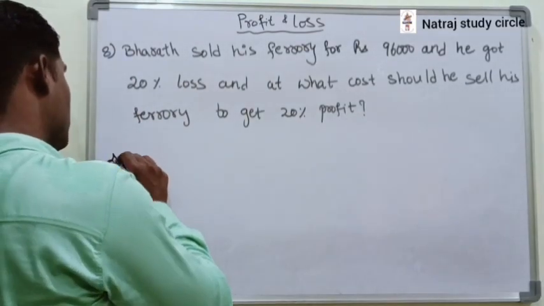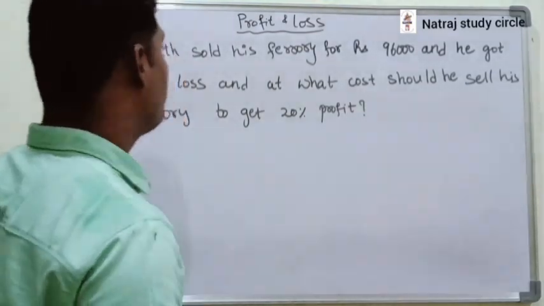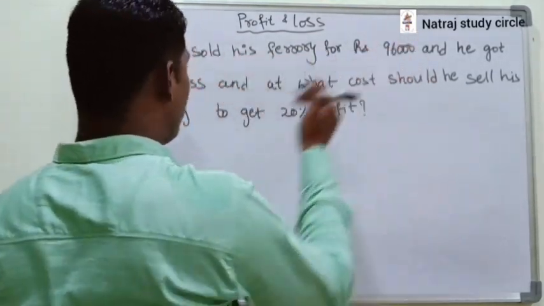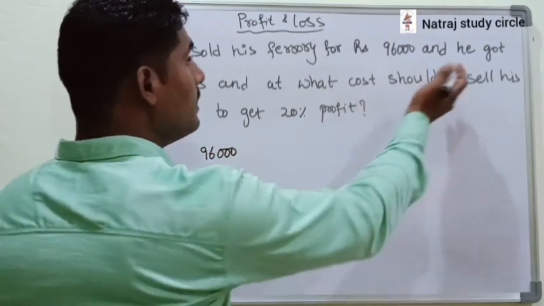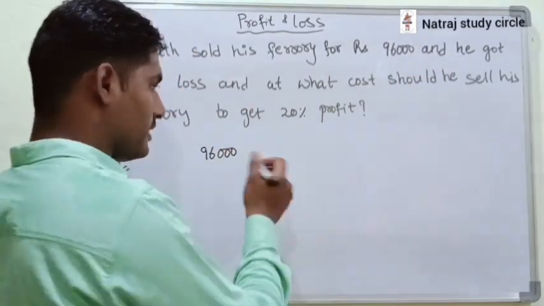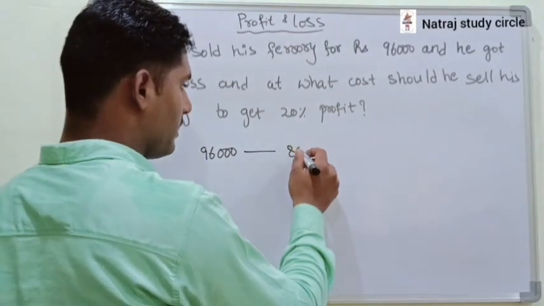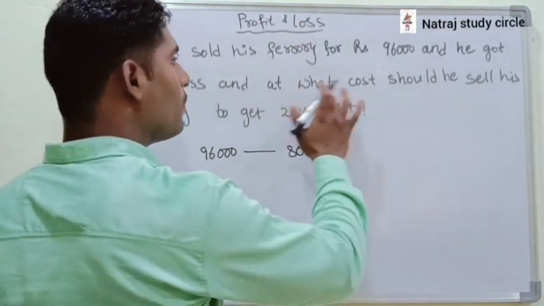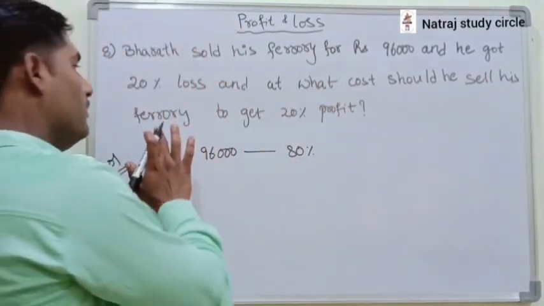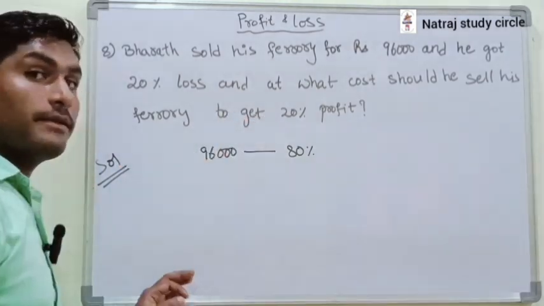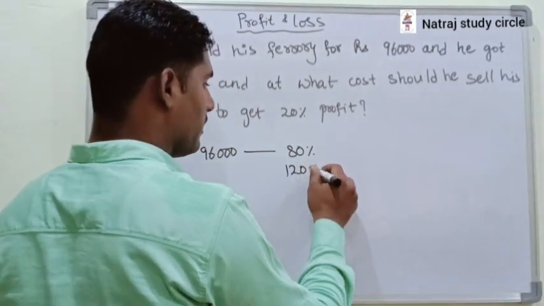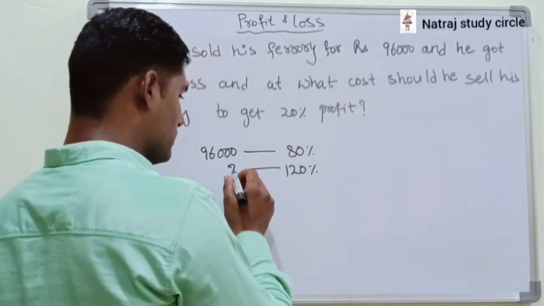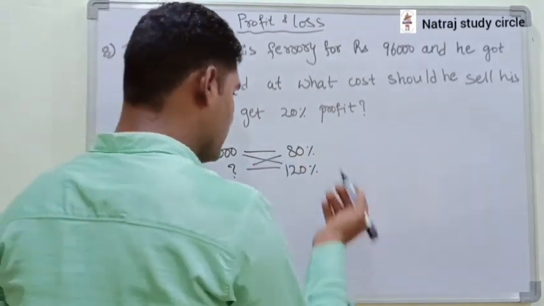Here he sold his Ferrari for 96,000 and got 20% loss, that means it is for 80%. And at what cost should he sell to get 20% profit? 20% profit, that means 120. So here the question mark, cross multiplication.